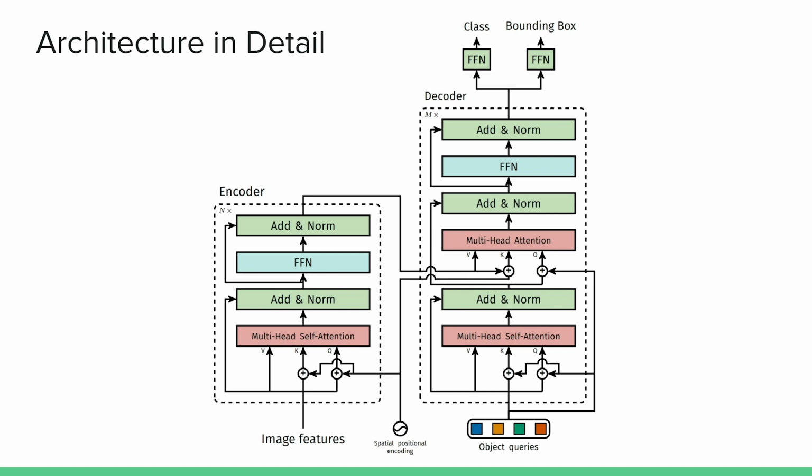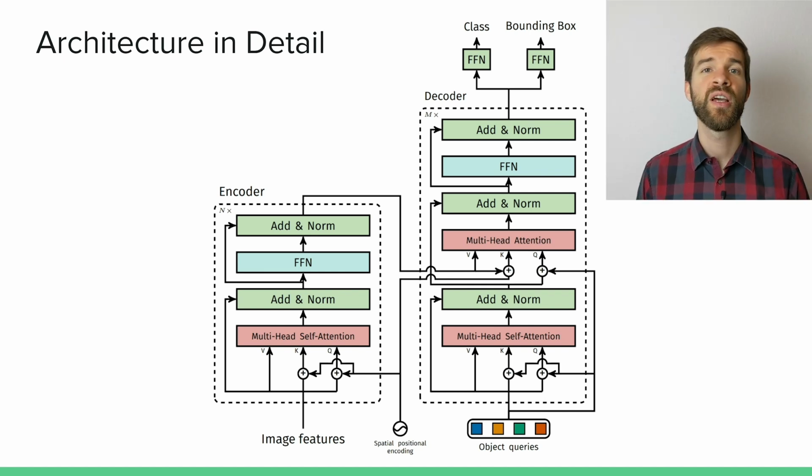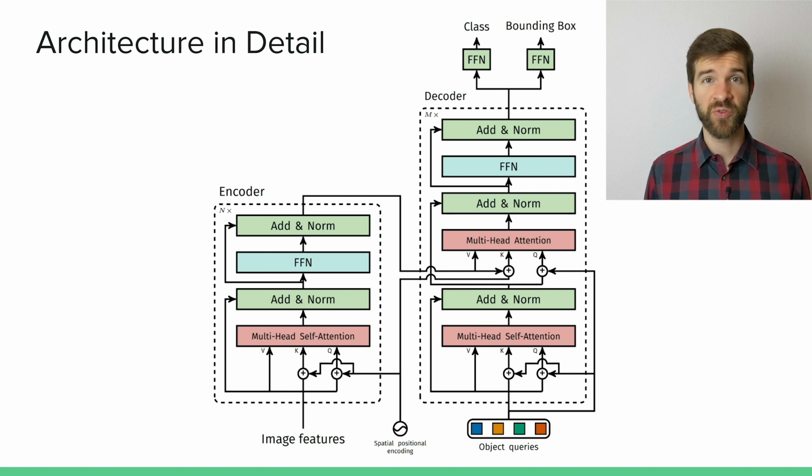And at the end, we're not doing classification, so we're not employing a linear layer and then a softmax layer, but we're actually having this feed-forward network with 2 heads. Of course, for the classification we then use softmax, and for the bounding box we do some sort of regression. But basically, it's just another transformer with images and these object queries.